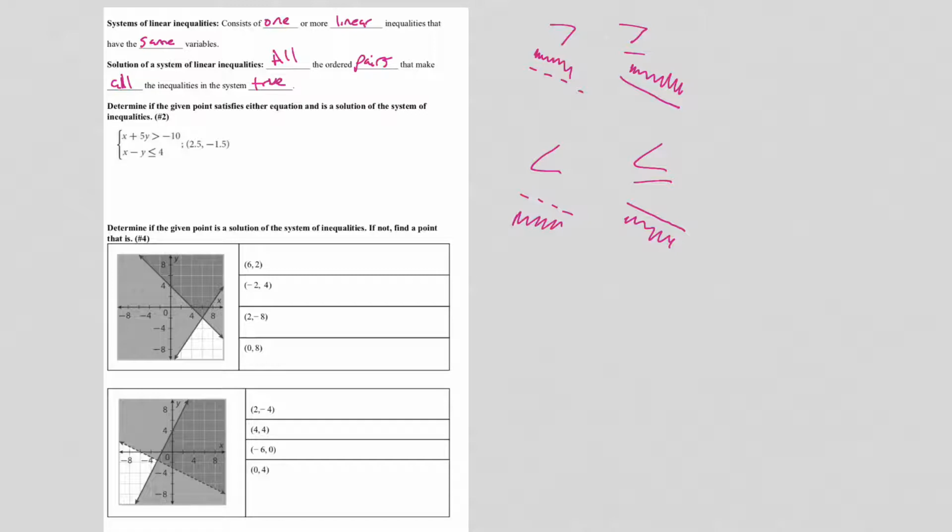And here's some examples. So in this scenario, this line right here, you have essentially everything above this line is shaded, right? And then in this line, everything above this line is shaded.